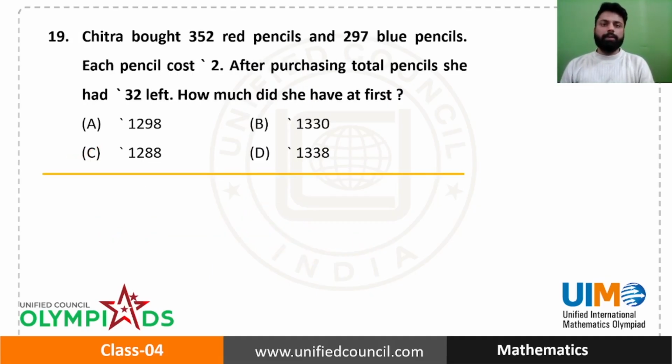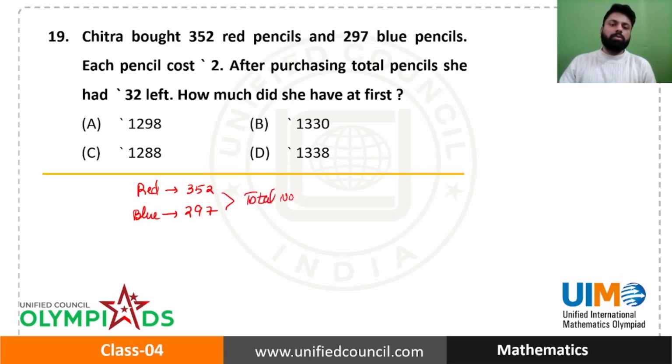Chitra bought 352 red pencils, and we are having blue pencils 297. If each pencil costs rupees 2, total number of pencils is equal to 352 plus 297.